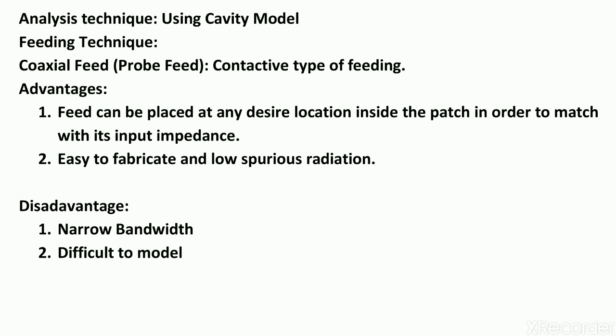Because of this the thickness of the substrate increases. The basic formula for the height of the substrate is that small h should be greater than 0.02 lambda 0, where lambda 0 is the free space wavelength, but it makes the substrate a little bit thicker.